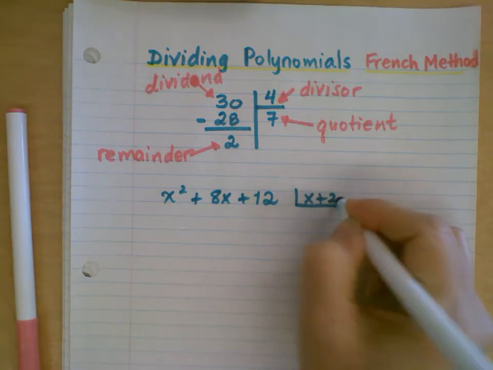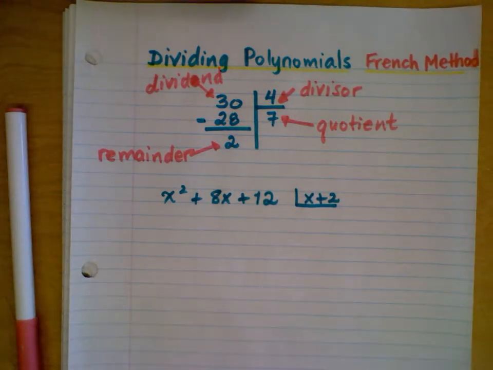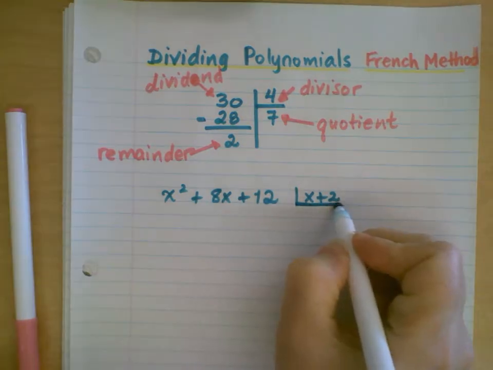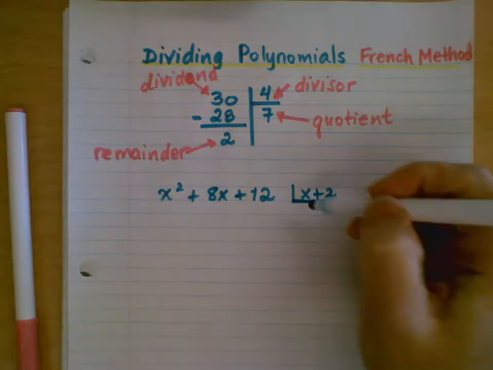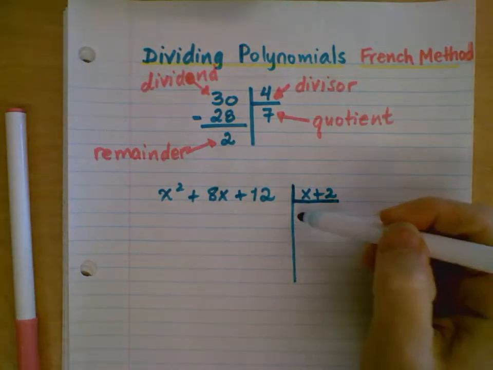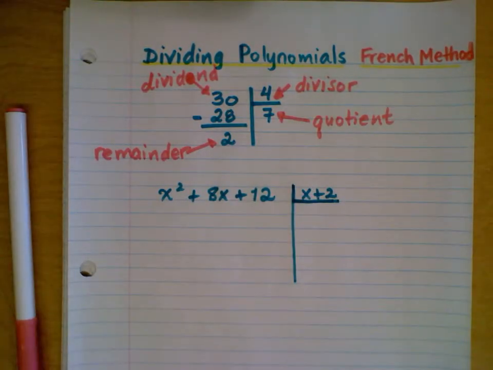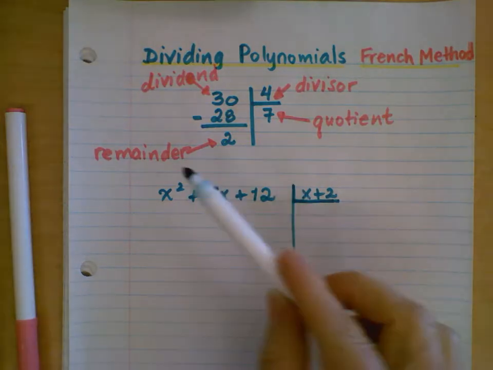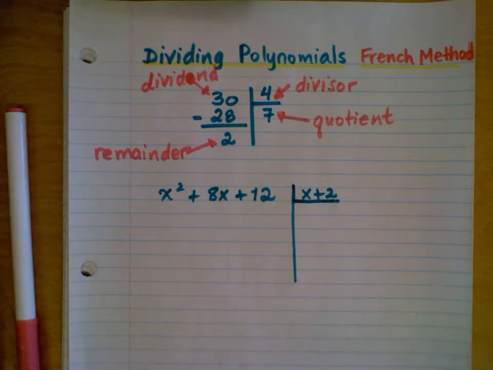So we are dividing out groups of x plus 2. Like that. And I'm going to extend this bar down. I find that because of that vertical line, it helps to keep the parts of the work organized, better than the British system where it sort of snakes down the page in a kind of stairs orientation.